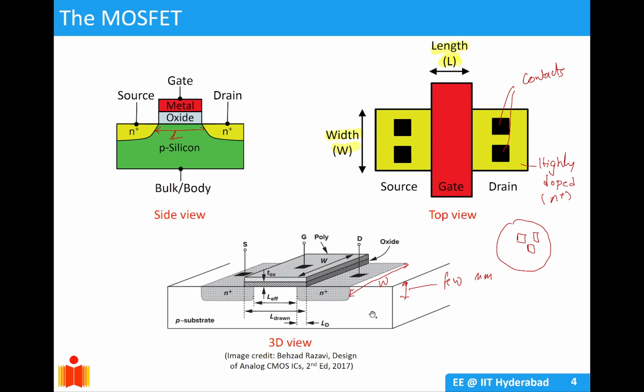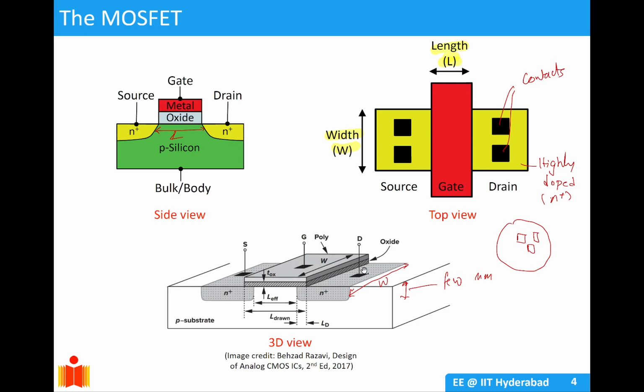This is how it looks in a 3D view. You can see your substrate is P type here, and on that you have grown an oxide which acts as your gate dielectric, and then there's a polysilicon gate, and on that polysilicon gate you have a gate metal to act as contact.